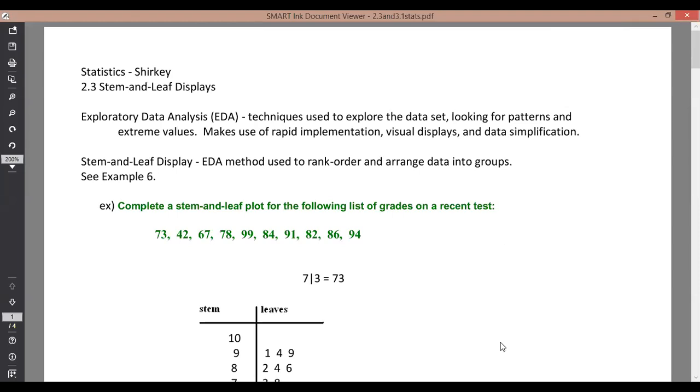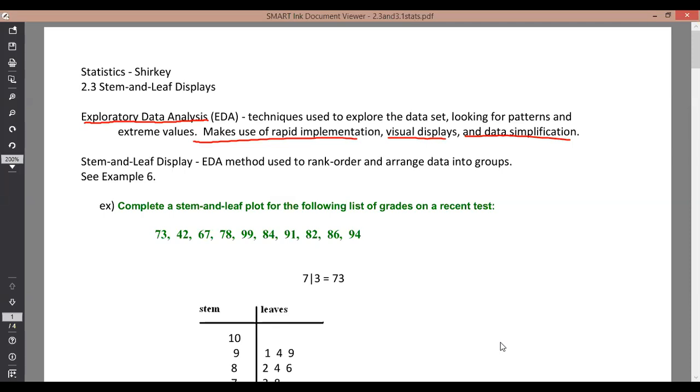Stem and leaf plots fall into an area referred to as exploratory data analysis, or EDA. And so techniques are used to explore the data set, looking for patterns of extreme values. And here's the strength. It makes use of rapid implementation. This is stuff you could do quickly, even by hand, depending on your data size. Visual displays and data simplification.